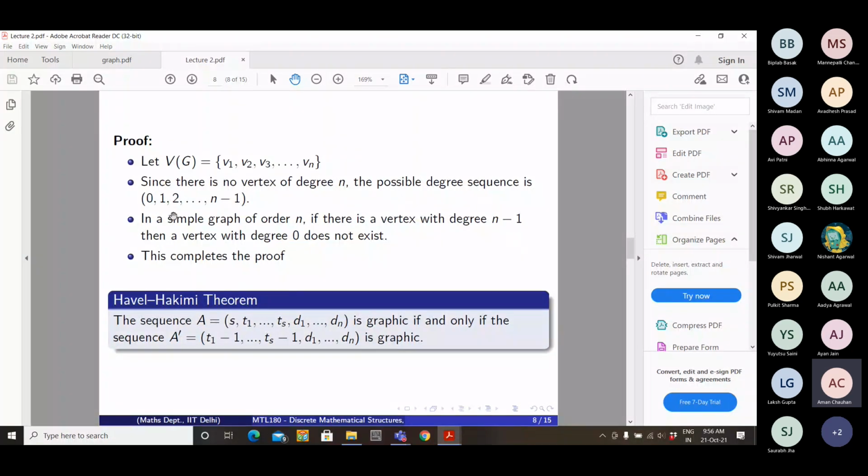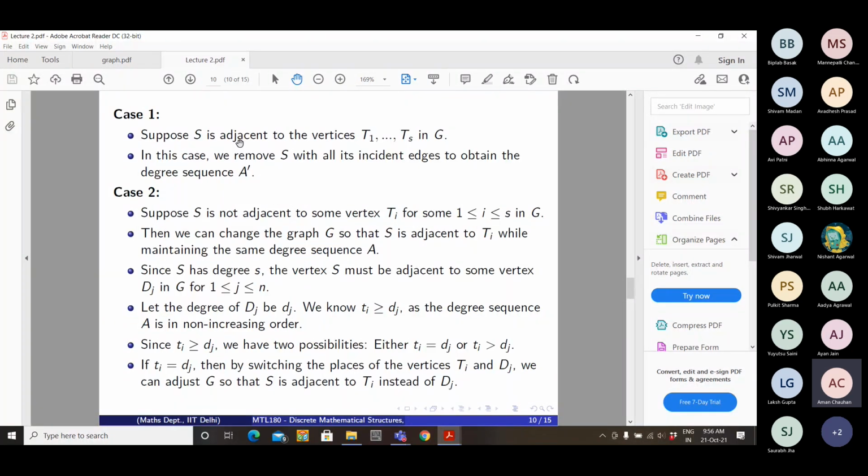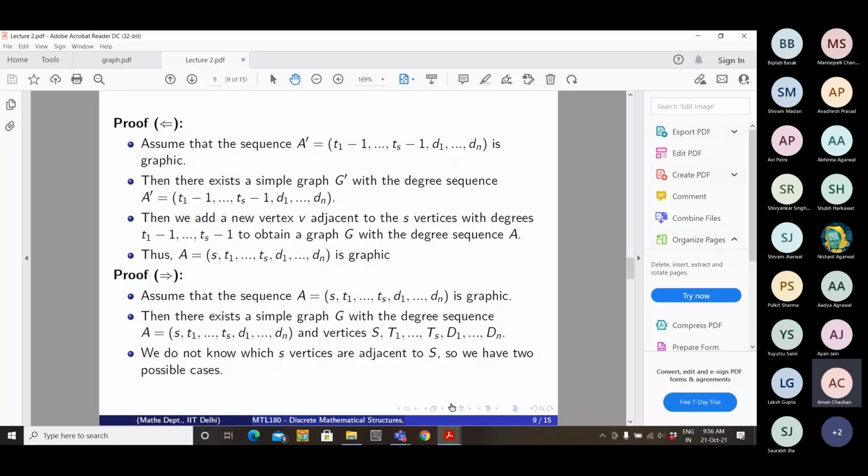In the first case, suppose S is adjacent to the first S vertices T1, T2 up to Ts. Then what happens if we remove this vertex S?